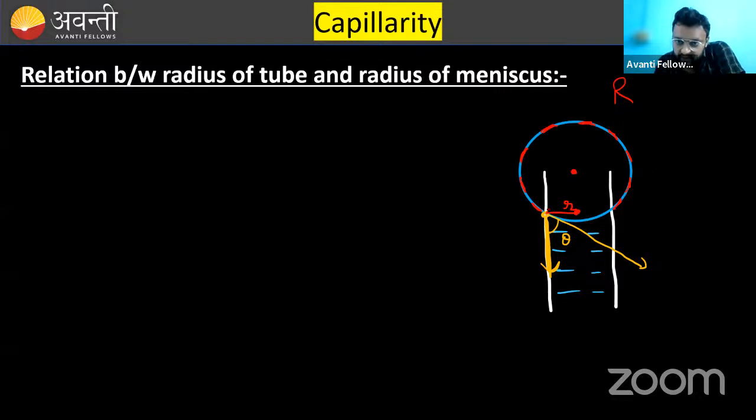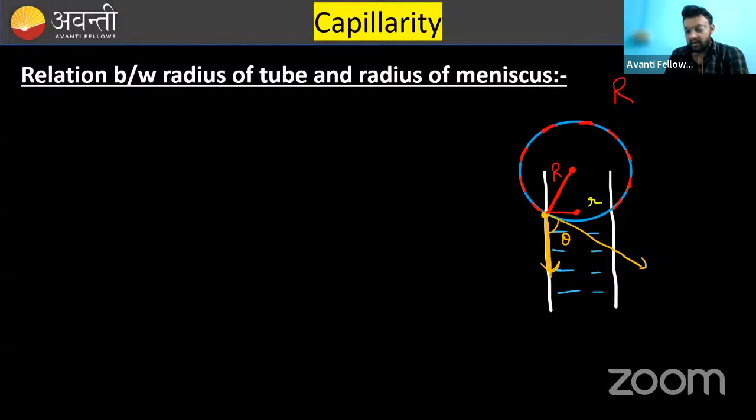So this will be the radius of this meniscus, that is capital R. Now, we need to find a relation between these two radiuses.